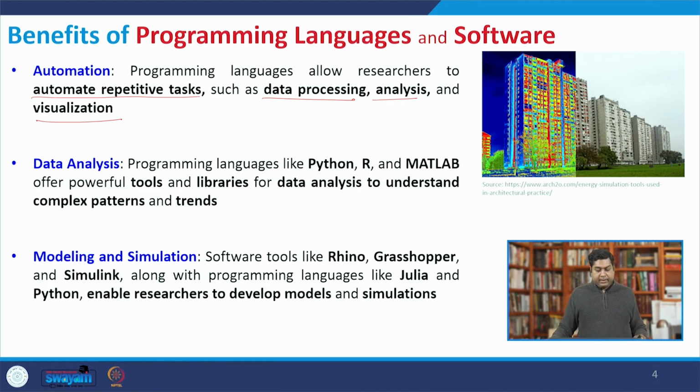Coming to data analysis, there are programming languages like Python, R, MATLAB, and many others. I name these three because they are very frequently used by researchers, not only in planning and architecture, but in all disciplines. Python, R and MATLAB offer powerful tools and libraries for data analysis to understand complex patterns and trends.